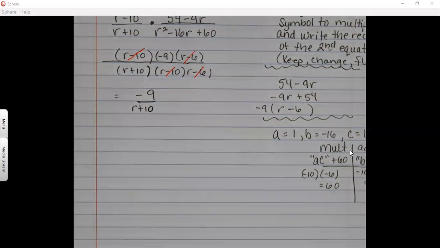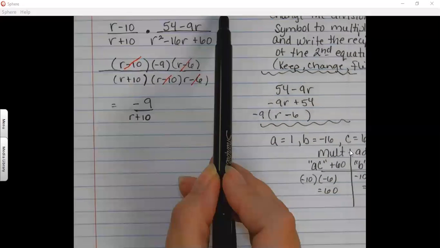But see, if your original problem, the 54 minus 9r, well, that would be correct. I believe you have to write your restrictions for anything that was ever in the denominator, okay?